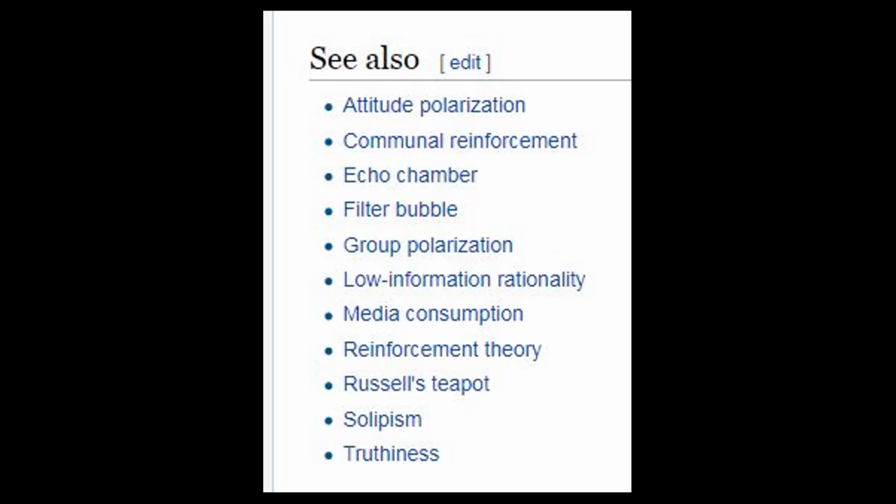At the end of the article on Wikipedia, we have a see also: attitude polarization, communal reinforcement, echo chamber, it's one of my favorite terms, filter bubble, group polarization, low information rationality, media consumption, reinforcement theory, Russell's teapot, solipsism, and truthiness.